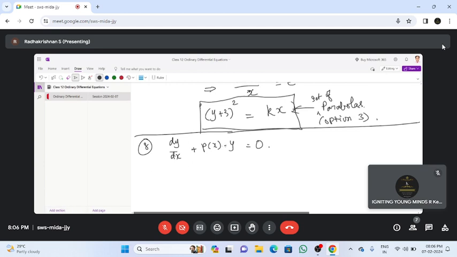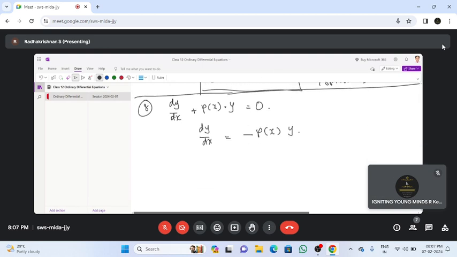But we can solve this easily, by separating the variables and solving. So dy by y equal to minus p of x dx.